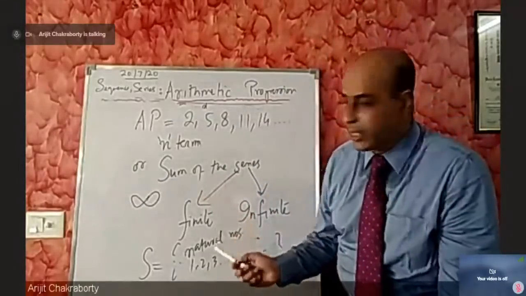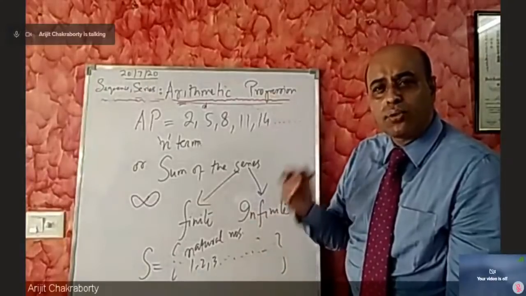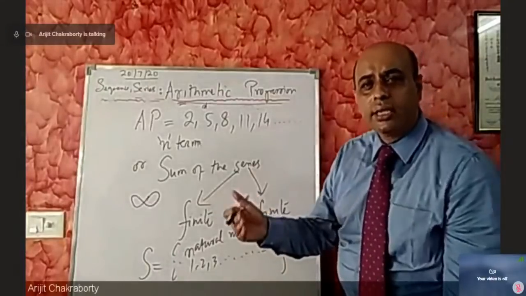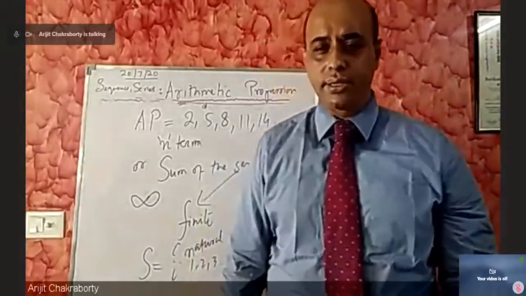We are proceeding further, and now we saw the difference of series. There are two types of series, finite and infinite. For example, 2, 4, 6, 8, 10 till 50 terms is an example of a finite series.